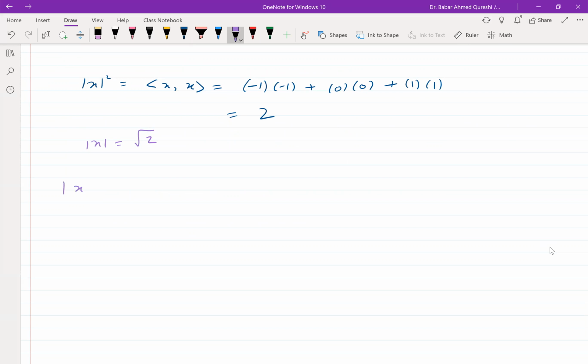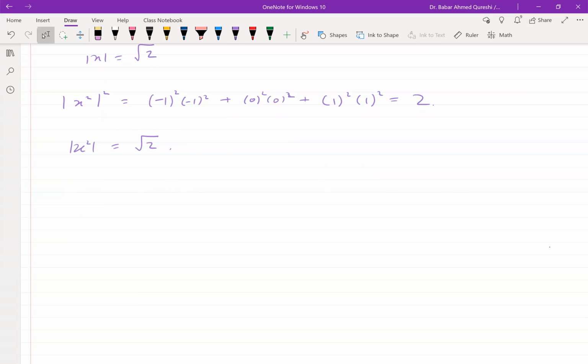What's the length of x square? Square of the length of x square is x square evaluated at -1, so it's -1 square, plus 0 square, plus 1 square. So it's 2. So x square's length is again under root 2. And what's the scalar product with each other?